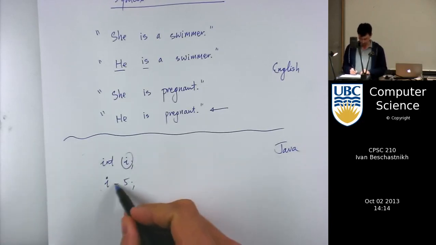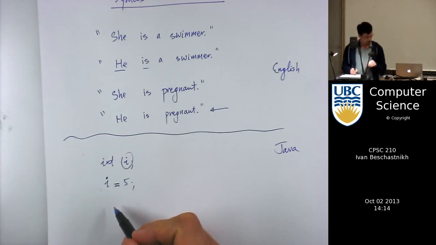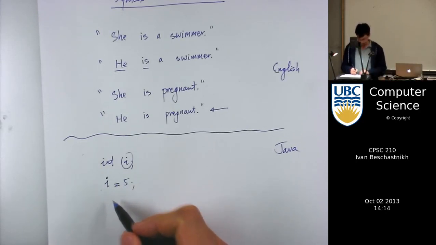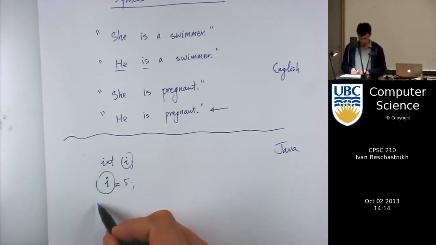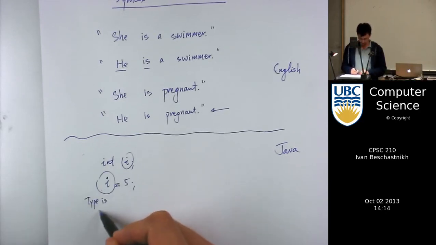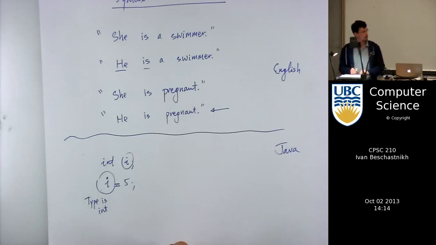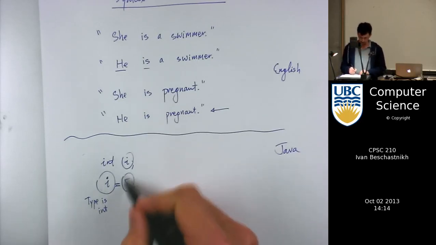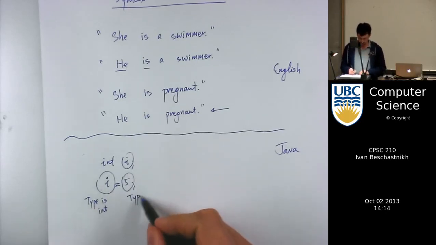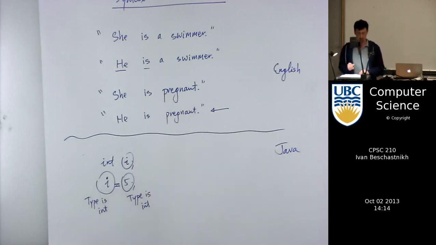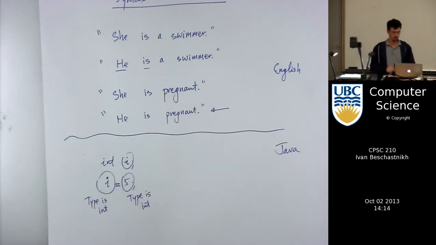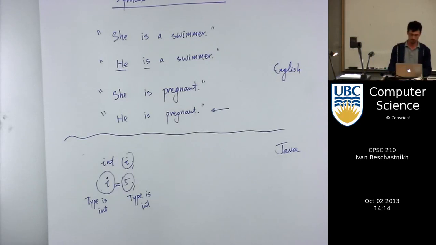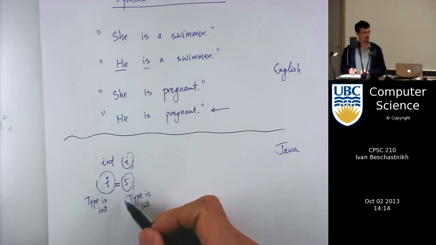And the reason this is semantically valid is because the type of this i is int, whereas the type of this 5 is also int. So this is why the statement is actually legal.